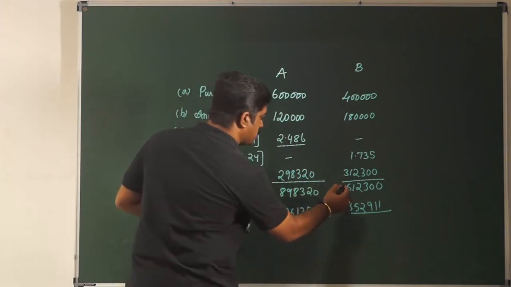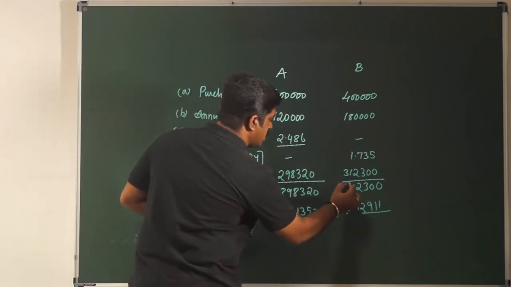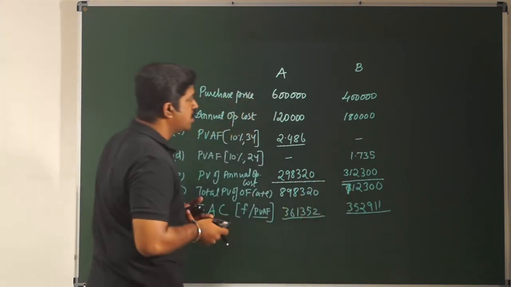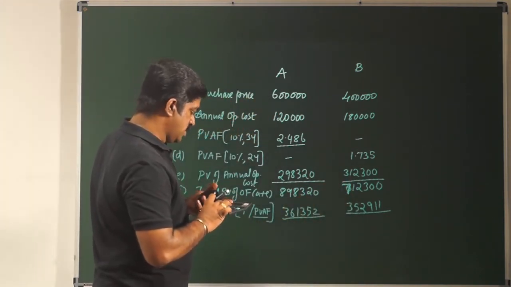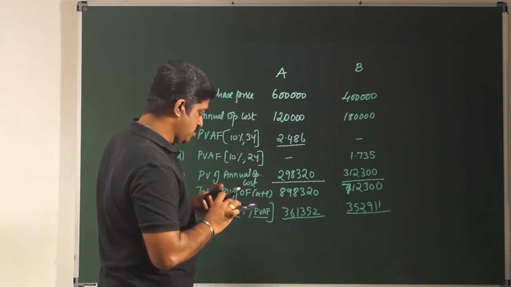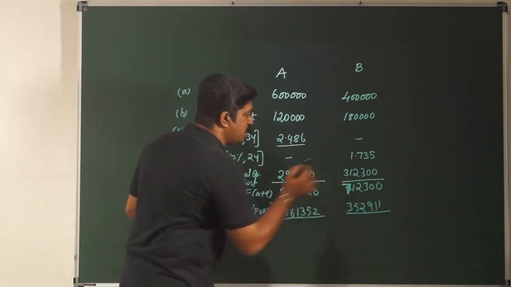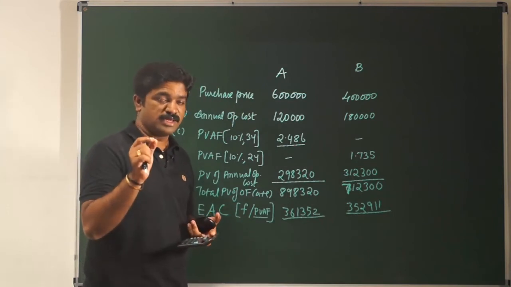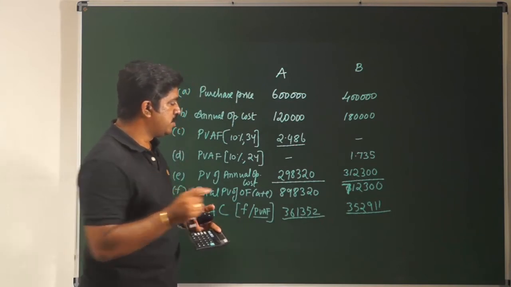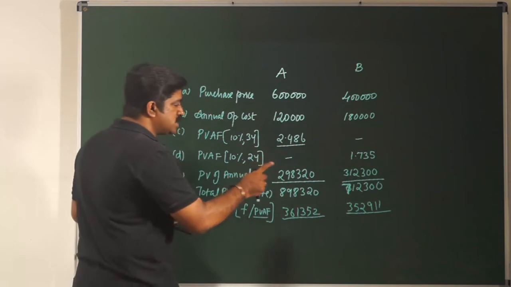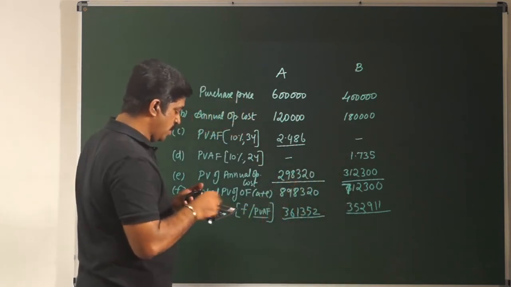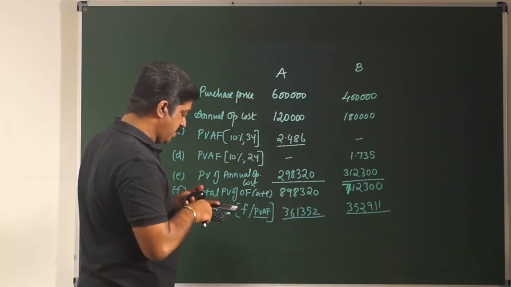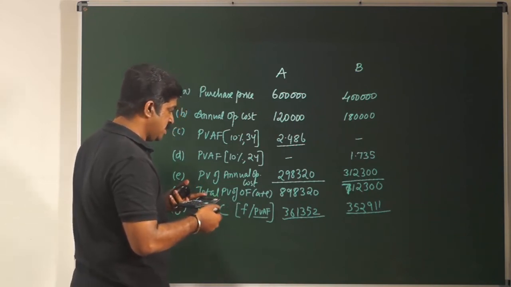So total PV, 6 plus 2, is 898,320, and 4 plus 3, I'm sorry, I think there is a small correction. This should be 7. I think that's where we went wrong. Let me just check it. It is 400,000 plus 312,300. So this should be 712,300. That's the very, very critical adjustment. Now, this 712,300, if it is divided by 1.735, let's see what we get.